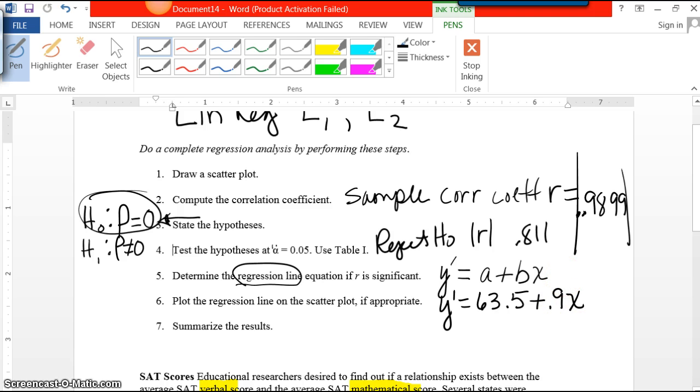This is a strange formula for those of you who are algebra people, because you'll notice that this value right here is your y-intercept, and this value is your slope. Normally in an algebra class that would be reversed. Like in an algebra class, we'd probably write it like this, where the A is the slope.